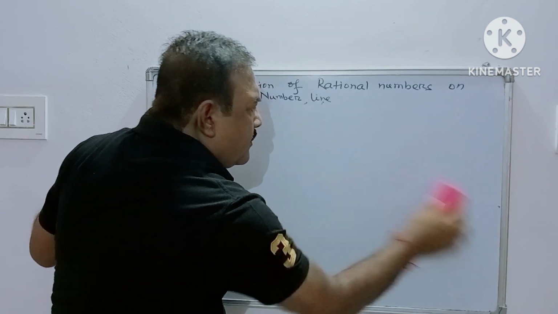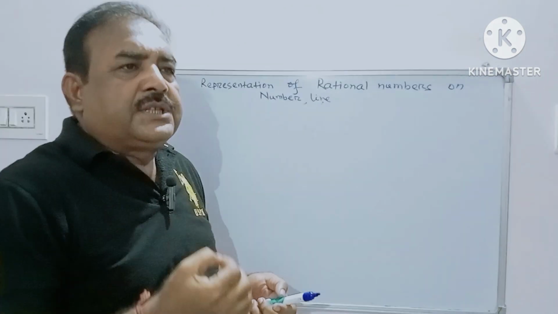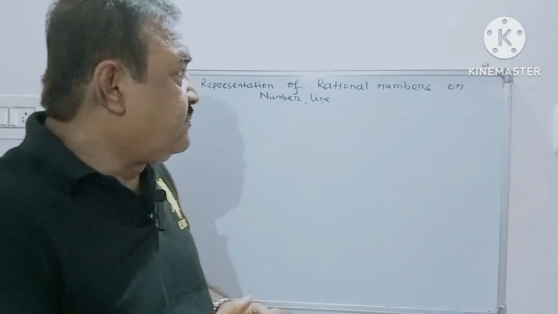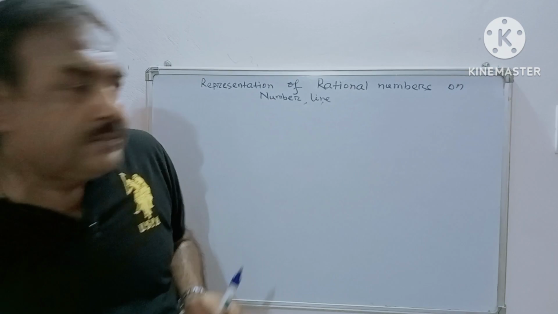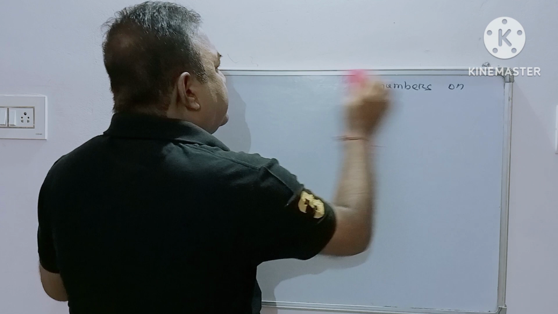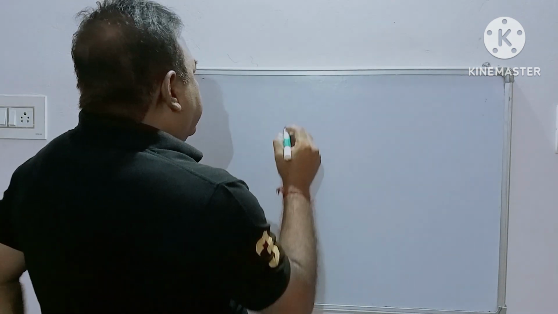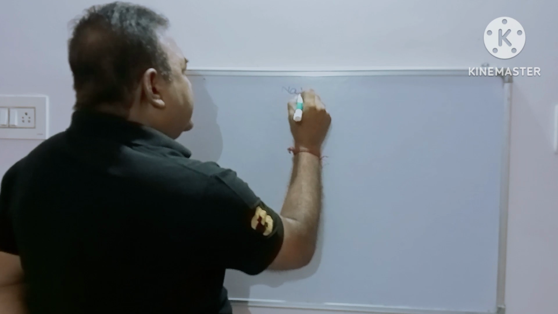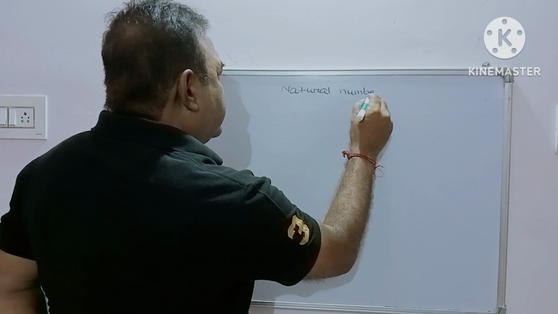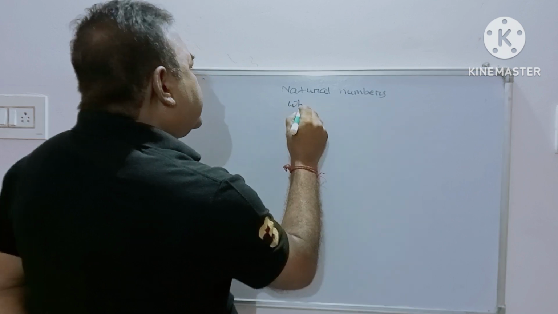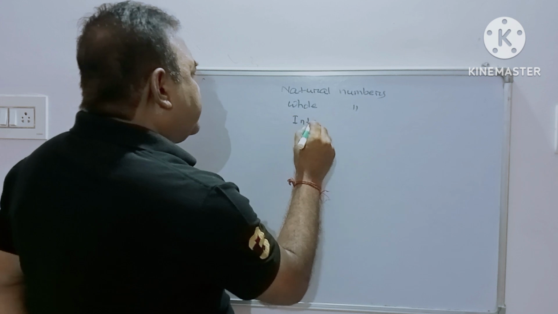Let us discuss the rational numbers in brief. We first named natural numbers, then whole numbers, then integers. Then we added some fractions, decimals.